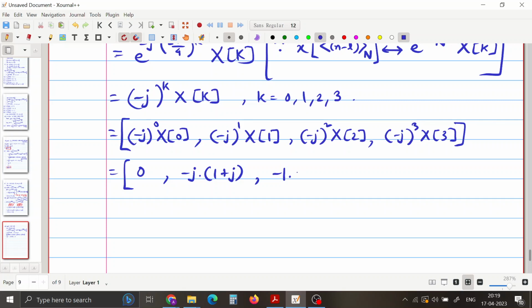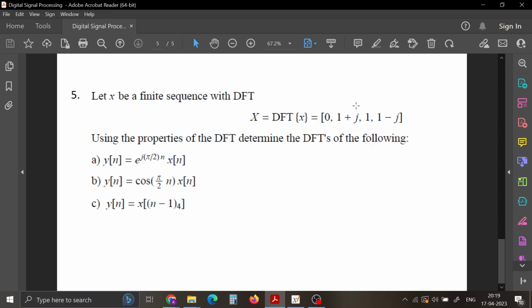So cap X of 2 is 1, and for the last one, minus j whole to the power 3 is j, times cap X of 3. What is cap X of 3? The last coefficient, which is 1 minus j.